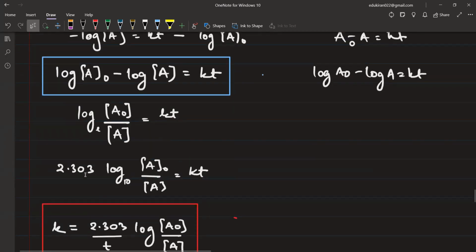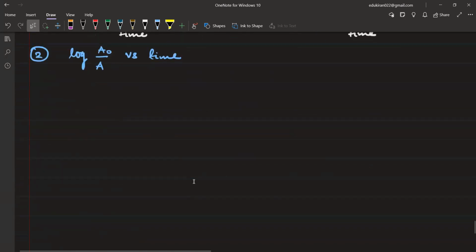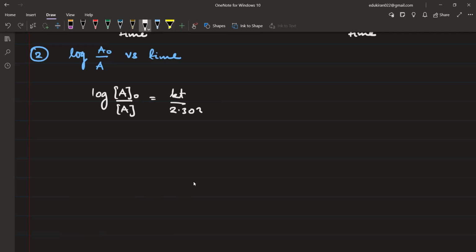And if you write this 2.303 here, log of A naught upon A is equal to KT upon 2.303. Okay, so we'll write this. Log of A naught upon A is equal to KT upon 2.303. This whole thing is Y. This is mx. Here t is the x.